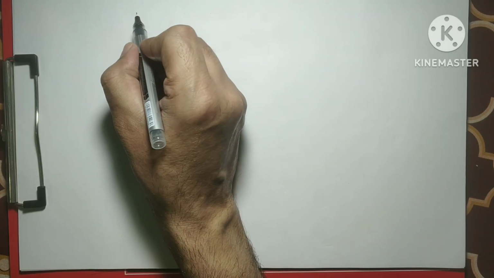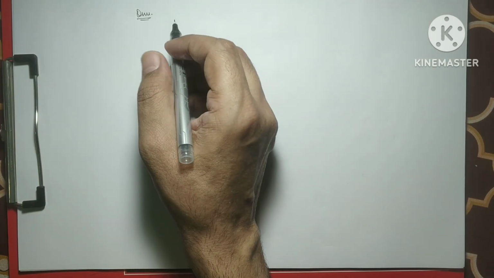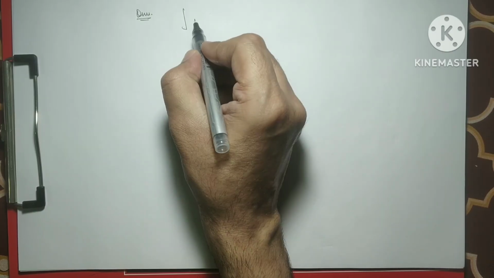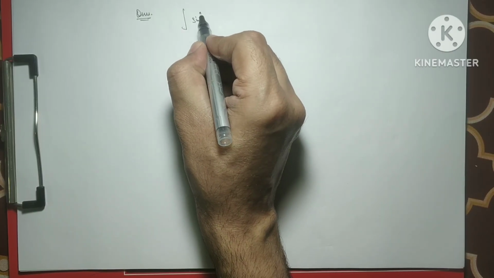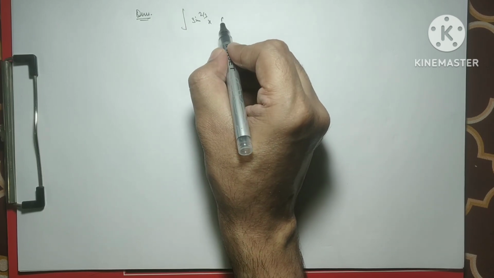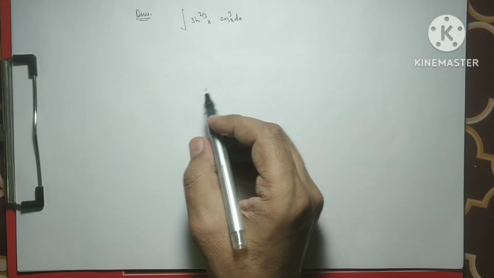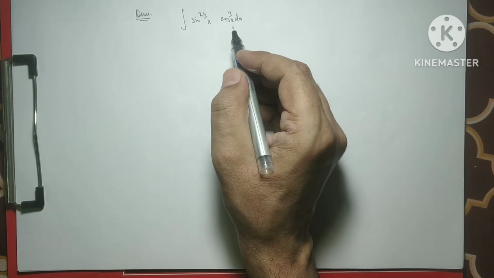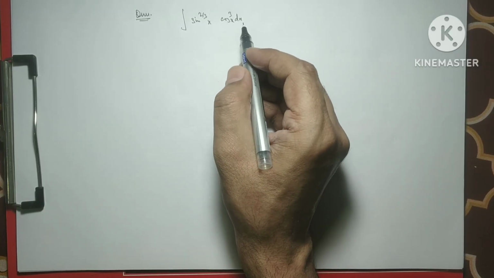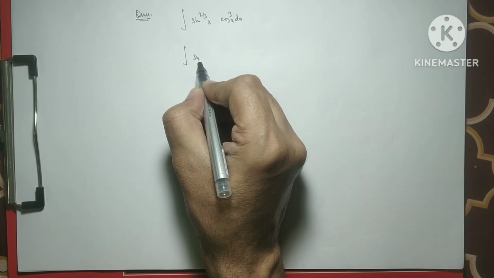Now the next question is, if we have a fractional power with sine, and cos cube x, and this is the odd power, so we will extract one cos x from this part.